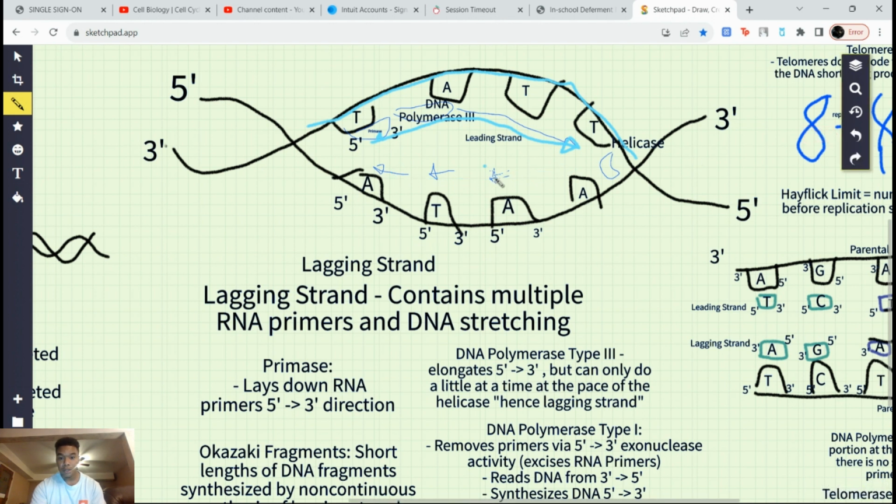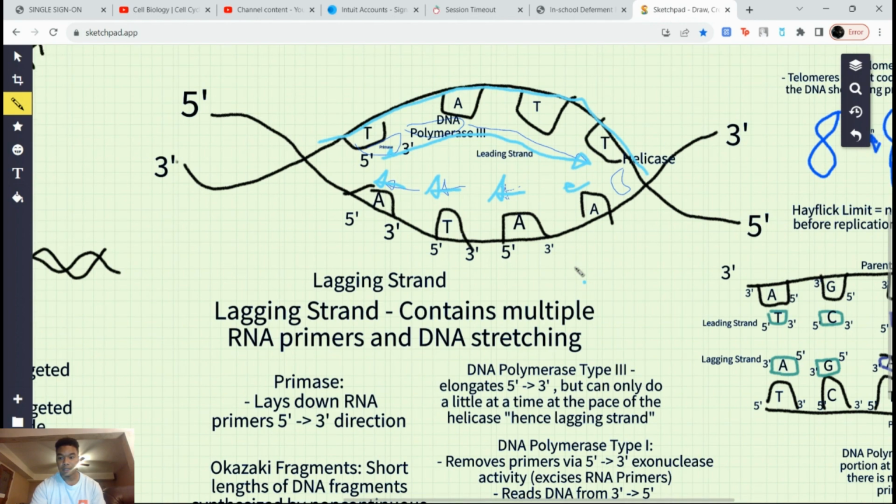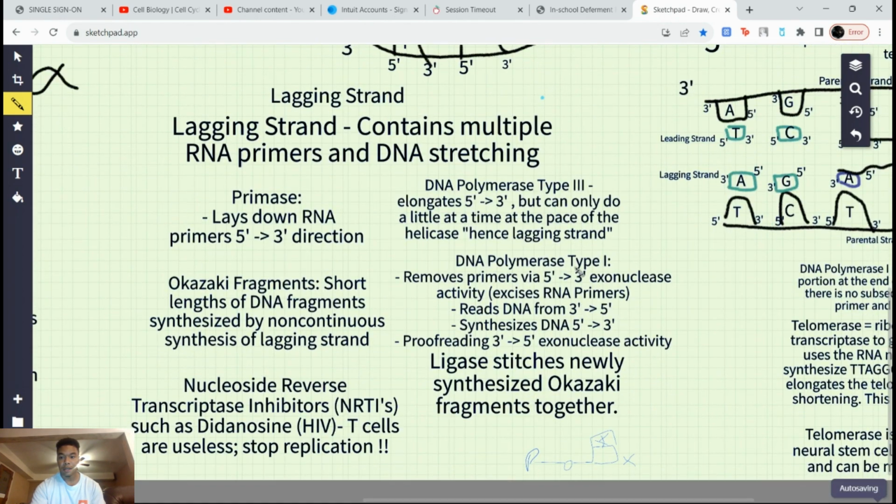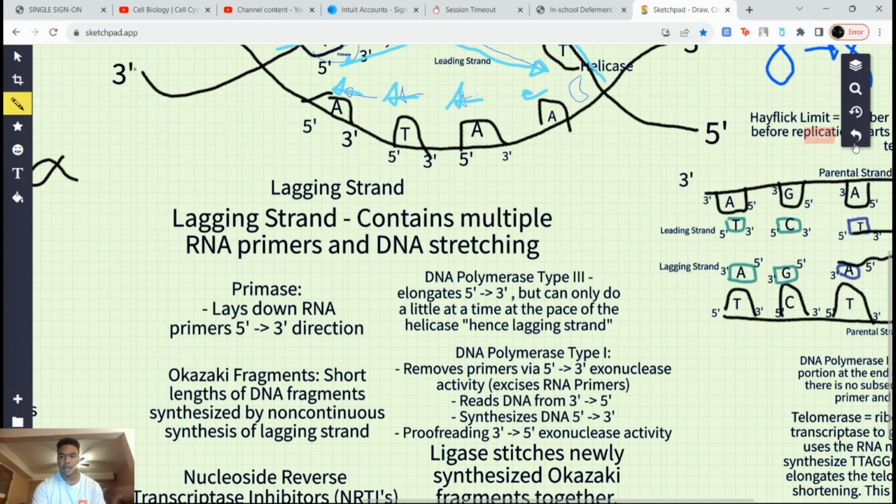But the lagging strand looks more like this. It's broken up. I'll show you why in a second. This is going to be the tricky part of this lecture. It's not going to be fun, but it'll be fun. It'll be interesting to see how we follow along here.